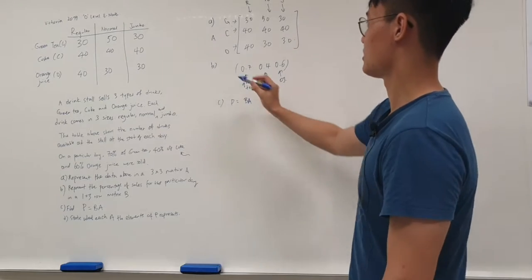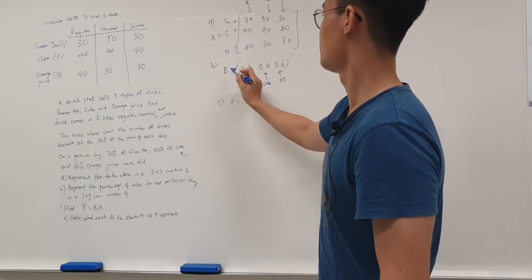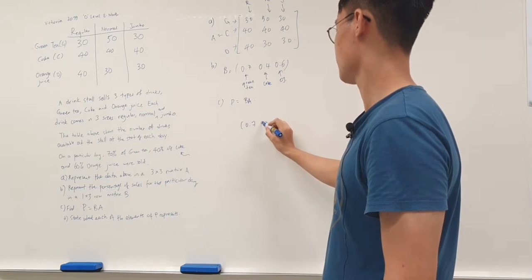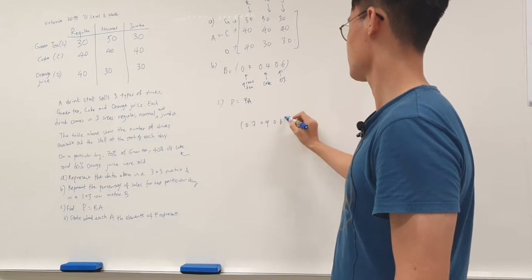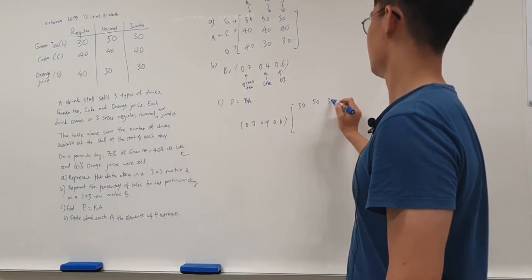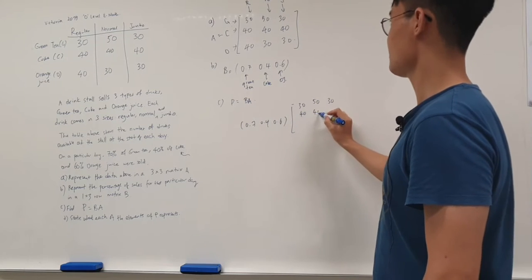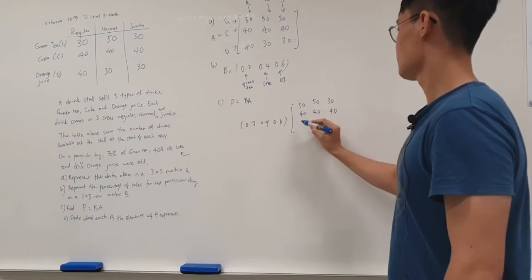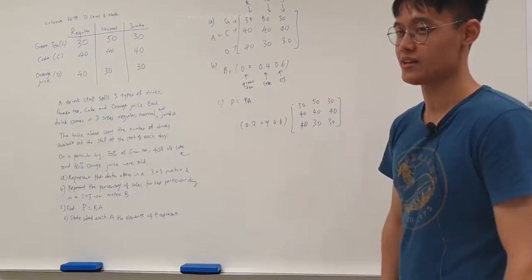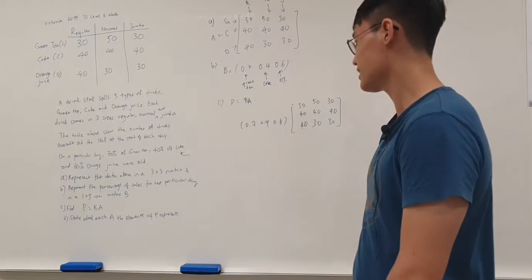Well, so this is B. Now we just need to multiply this matrix. 0.7, 0.4, 0.6, multiplied by 30, 50, 30, 40, 40, 40, 40, 30, 30. Okay, do you remember how to multiply this matrix?